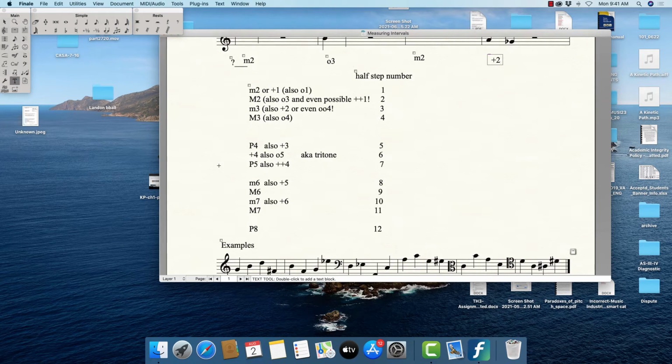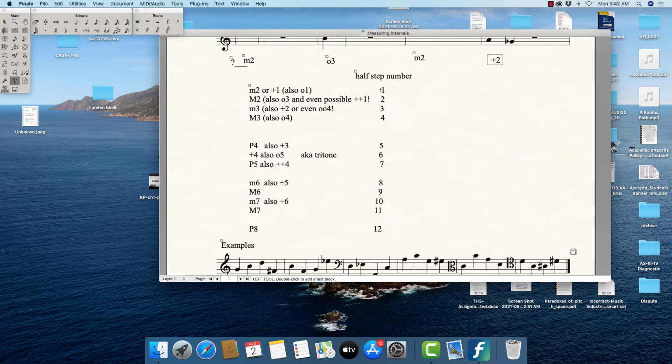All right, so now something that's really good to know is the number of half steps in each basic interval type. So the minor second has, of course, one half step. It's enharmonically equivalent to an augmented unison. Also, if you went down but spelled it the same note, for example, A to A flat, it would be a diminished unison, but it would still have one half step.